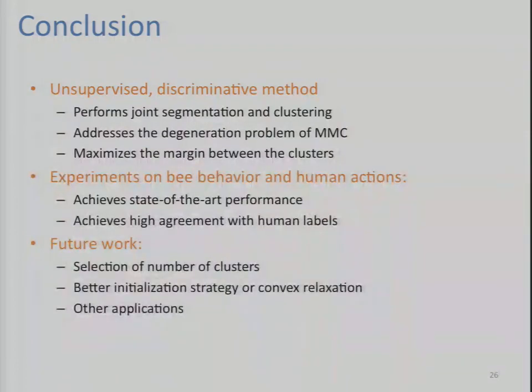We performed the experiment on the Honeybee dataset and the human action dataset, and we achieved state-of-the-art performance, and also we have high agreement with human labels. For future work, we want to have a method that can automatically select the number of clusters, and maybe a better initialization strategy or convex relaxation for the formulation.